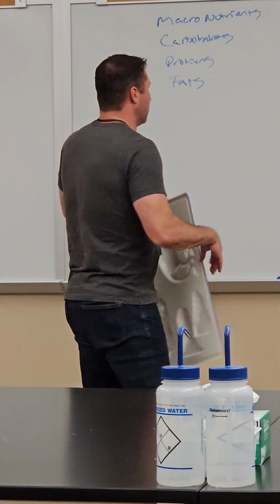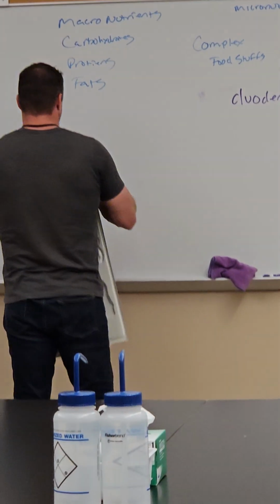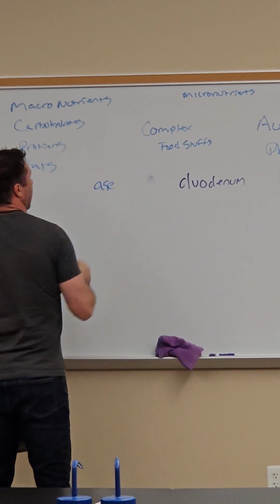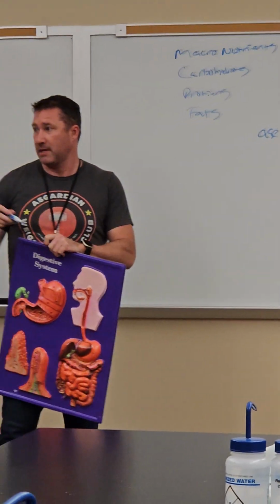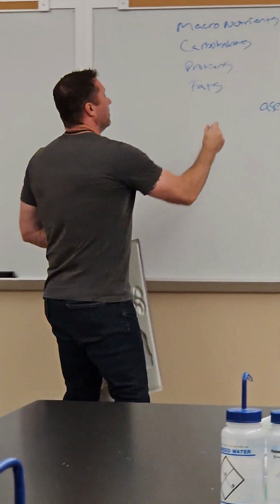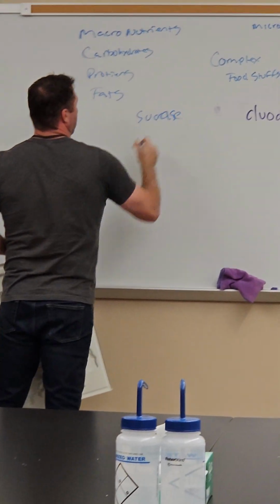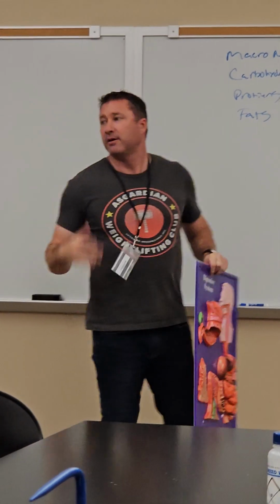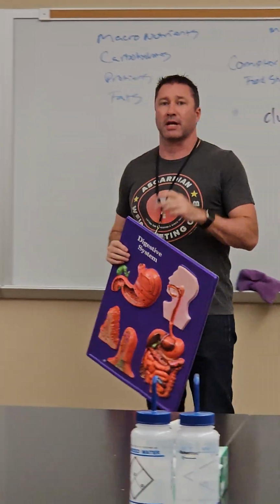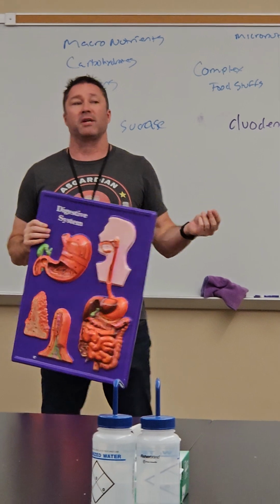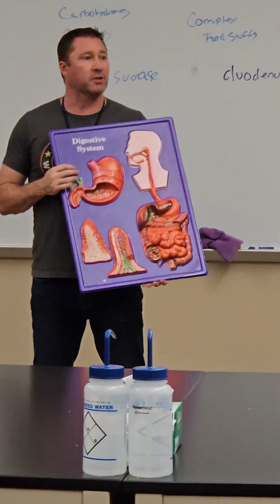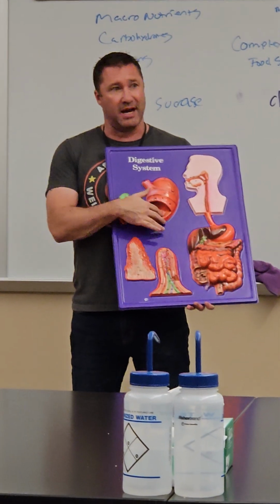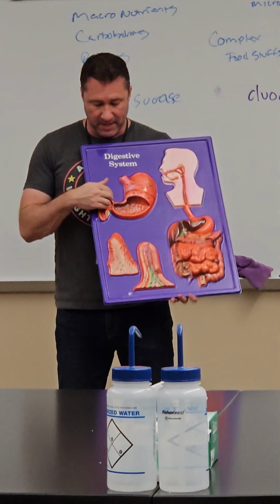So if you ever see the prefix or the suffix ASE, what does that mean? That's an enzyme. For example, sucrase is the enzyme which breaks down sucrose, which is table sugar. So your pancreas and your gallbladder are going to release all sorts of enzymatic juices, including bicarbonate, which is going to neutralize that high stomach acid.